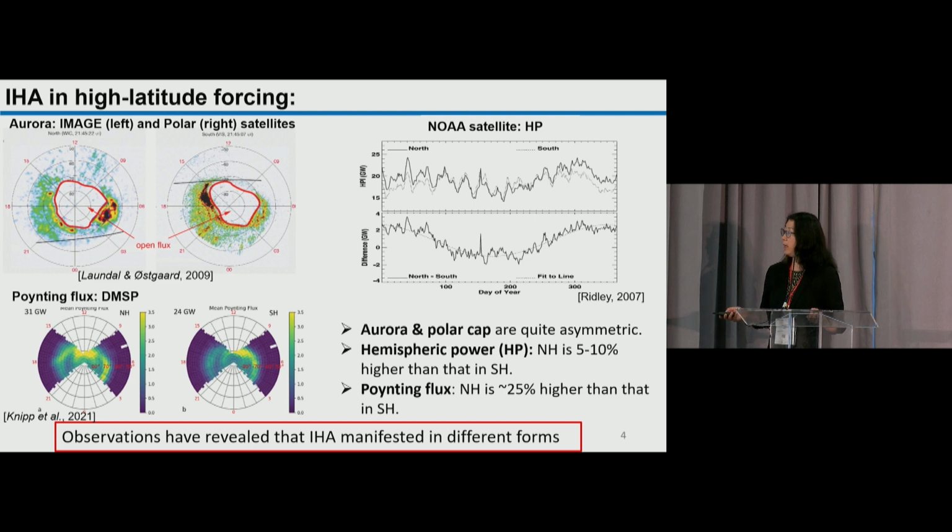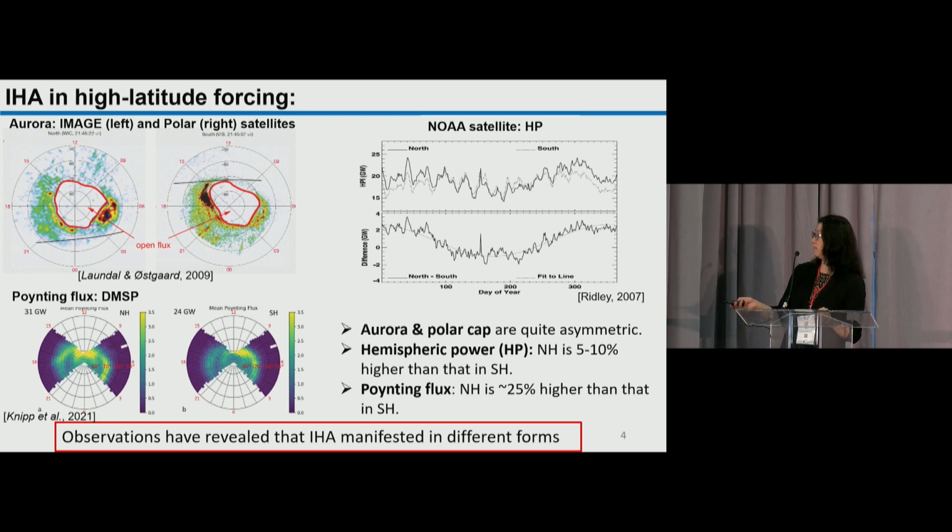And then, when we say we, basically it's not me or even my team, I mean our community. We look at the Poynting flux estimated from the DMSP satellite, which also shows a strong asymmetry.